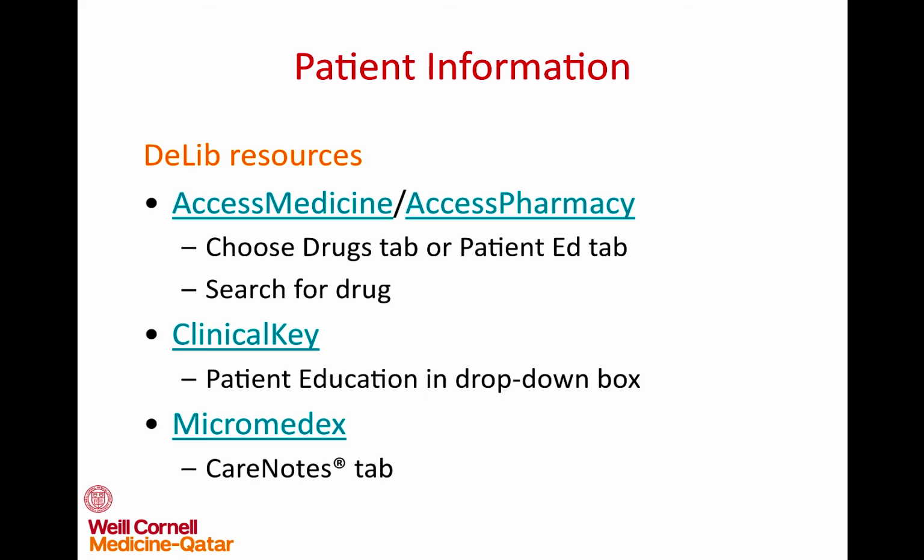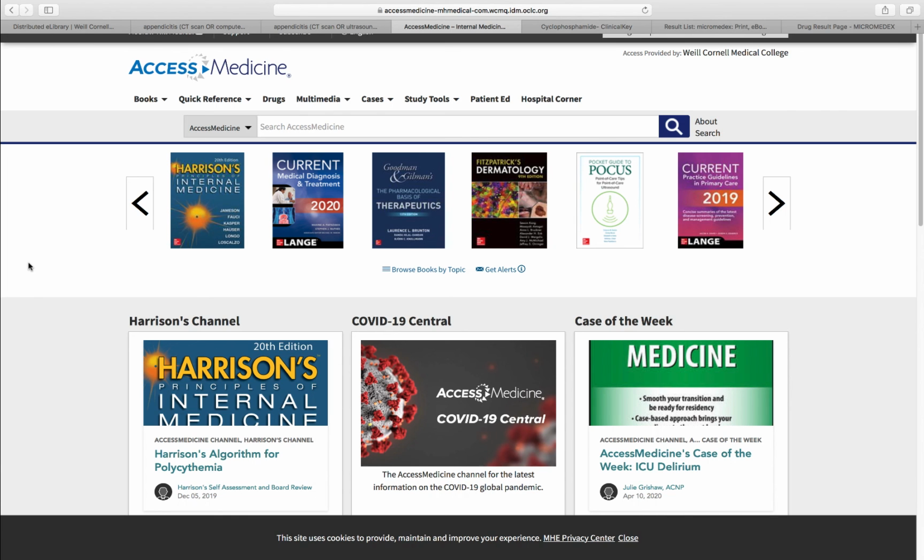Now, patient information, we showed you Access Medicine and so on, and Clinical Key, Micromedex. Just to remind you, you can actually go to these resources to find patient information. Now here's Access Medicine. It has a variety of patient education resources here. Click on there.